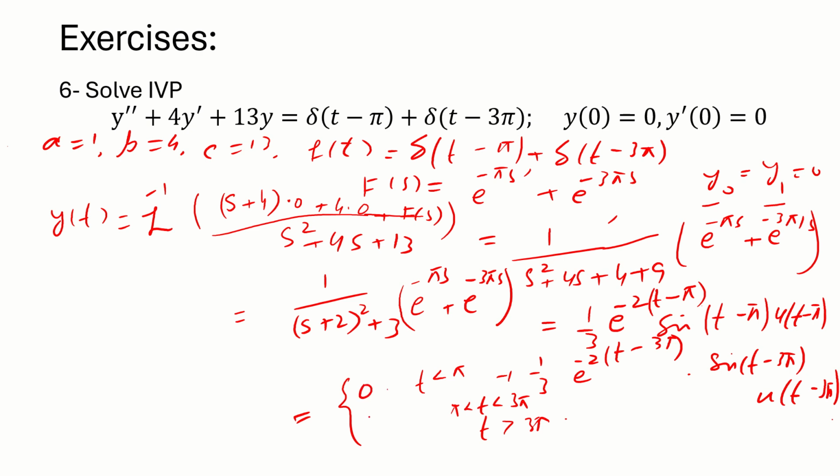The other expression is only the first part, 1 by 3 e power minus 2 (t minus pi) into sine (t minus pi), which is equal to minus sine t, sorry. So it will become minus sine t, right? Whereas for the second part, you will have this term plus the other term from the next one as well. So that's the solution of this differential equation.